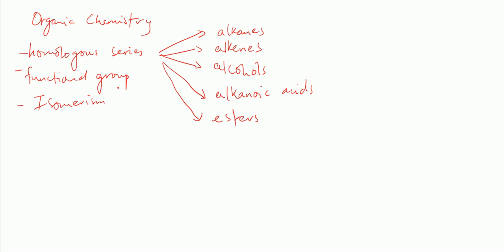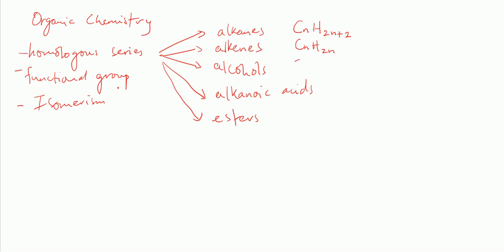You also need to know the general formula of these different homologous series. For example, in the case of an alkane, the general formula is CnH2n plus 2. An alkene is CnH2n.